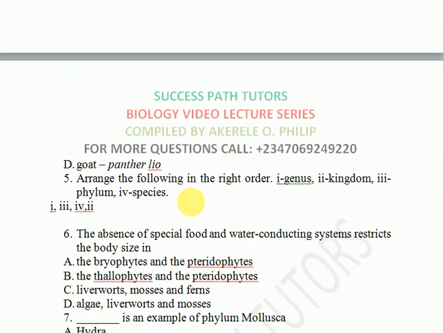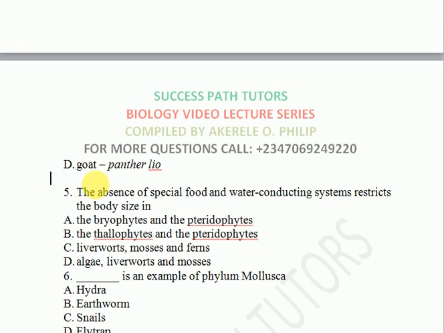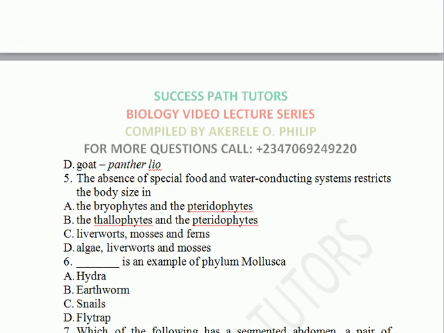Arrange the following in the right order. Oh, the options there are not properly arranged. Let's move on. The absence of special food and water conducting systems restricts the body size in the plants.